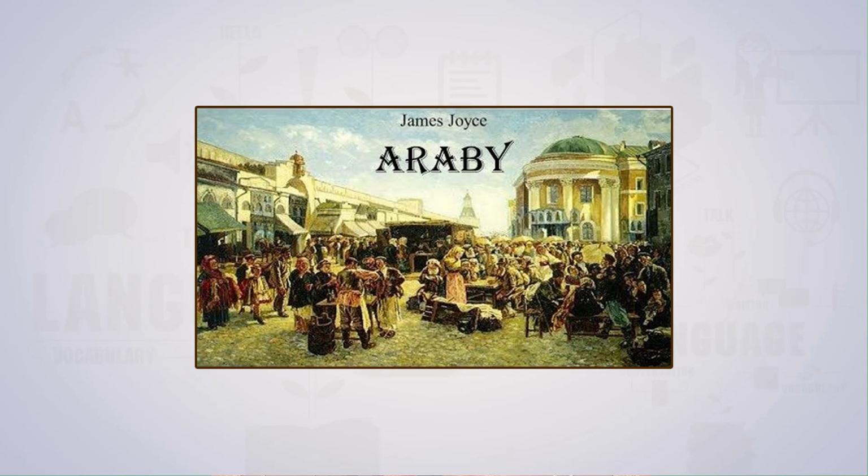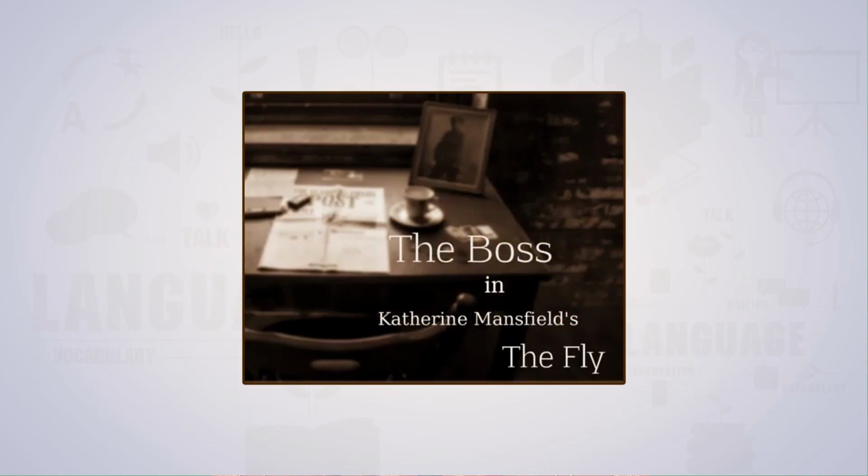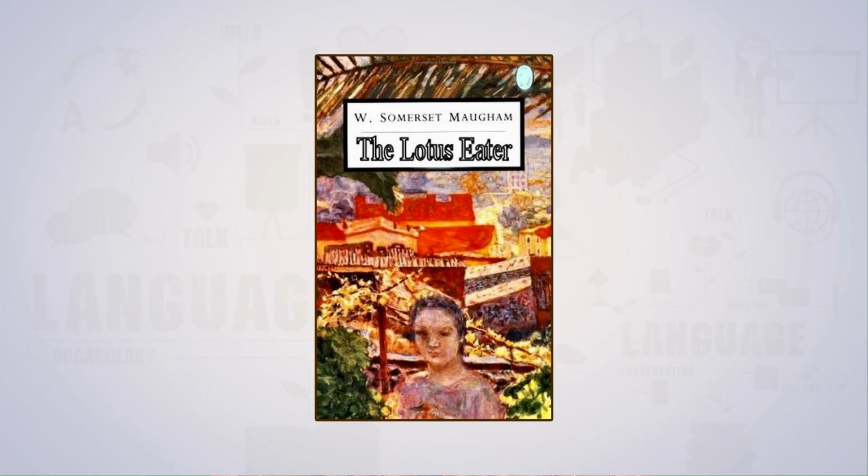Teachers can also insist that the students change the gender, age, race, or sexual orientation of a character from a story. Let us say the boy in Araby, or even the boss in The Fly, or even the old lady, Mrs. Thurlow, in H.E. Bates's The Ox, or even for that matter Wilson in Maugham's The Lotus Eater, who dies of the beauty of the sight of Capri.